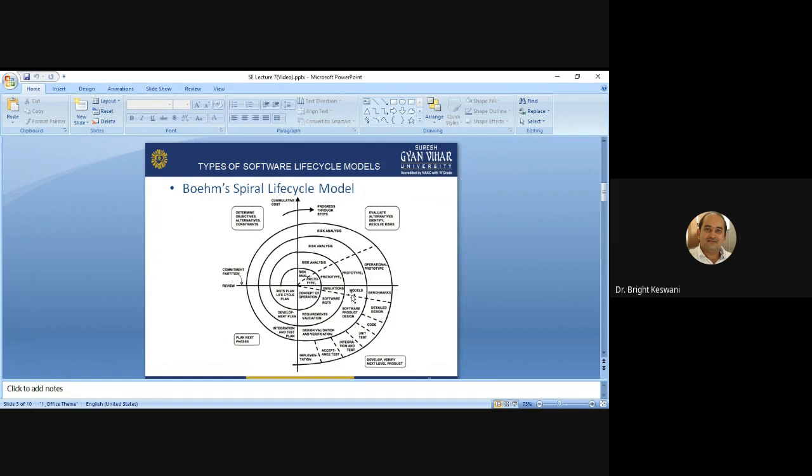Let us start with the detail of each step. Each cycle begins with identification of the objective. You can see here the identification of objectives. So the spiral model begins with the identification of objectives. This is one spiral, this is the second spiral, and this is the third spiral, and so on.